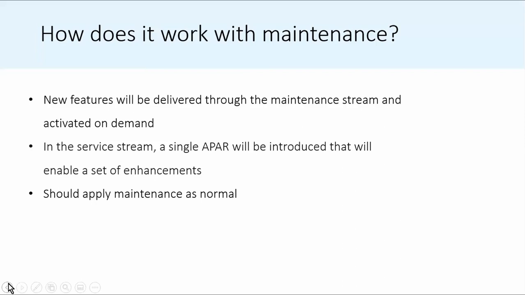You should continue to apply maintenance as normal. You will get the information that the new capabilities are available, and then you can choose when it's time to activate a function level or when it's time to update the catalog to prepare for the next function level. So we're giving you a lot of choice, but we're giving it to you on a more frequent basis.